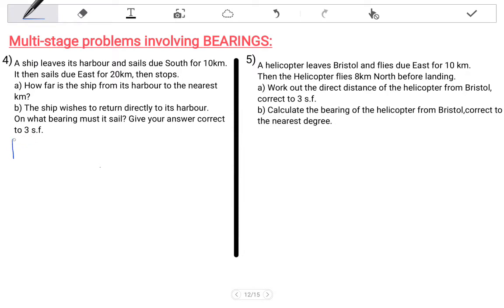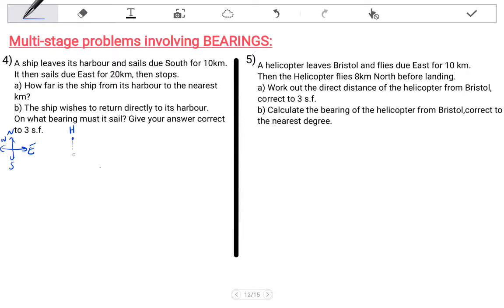First of all, I need my directions: north, south, east, and west. And I call the harbor capital H. So the ship leaves the harbor due south.